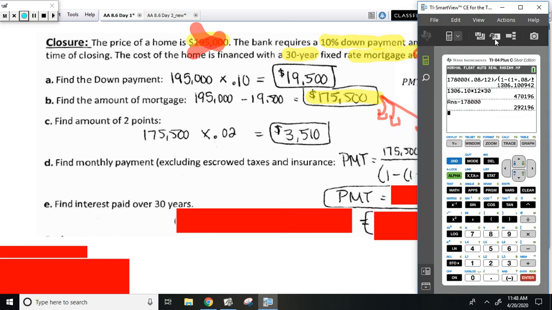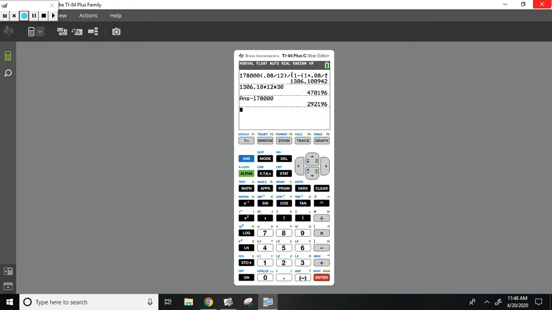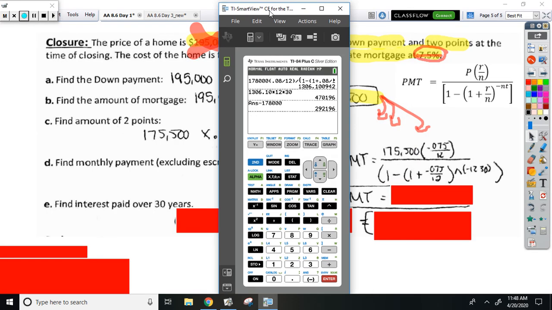And so again, typing that all into our calculator appropriately. Don't forget this negative 12.